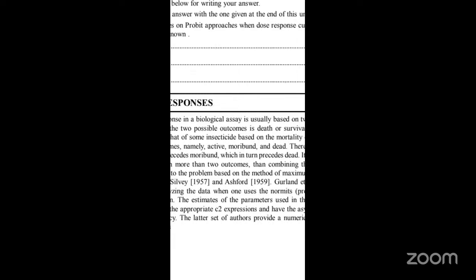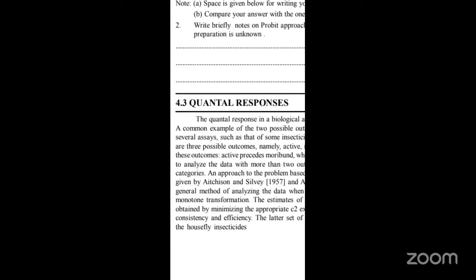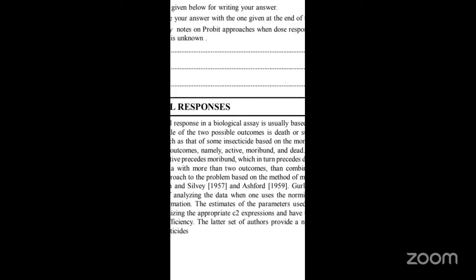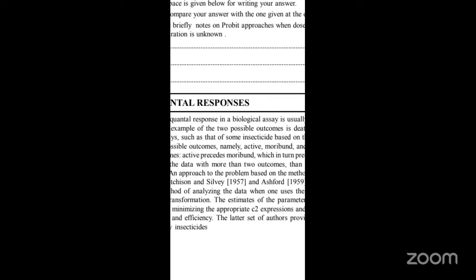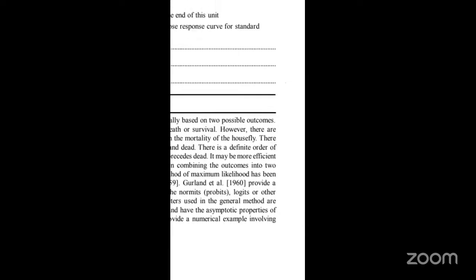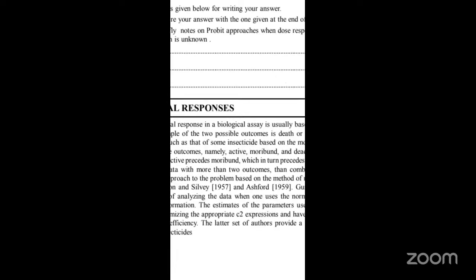An approach to the problem based on the method of maximum likelihood has been given by Gurland, Ilbok and Dahm in 1960. Others provide a general method of analyzing the data when one uses normits, logits, or other transformations obtained by minimizing the appropriate chi-square expressions and have the desirable properties of consistency and efficiency.